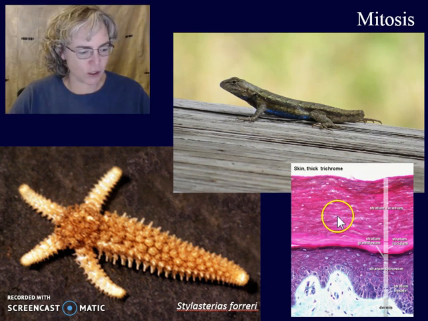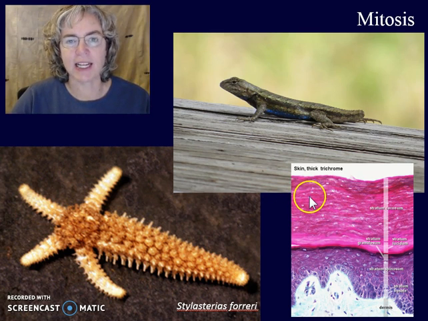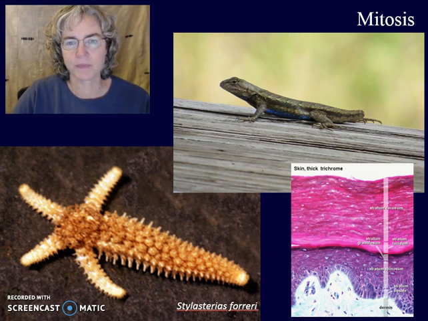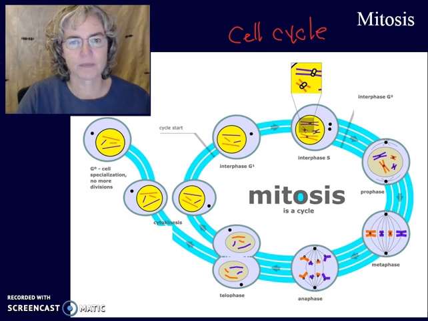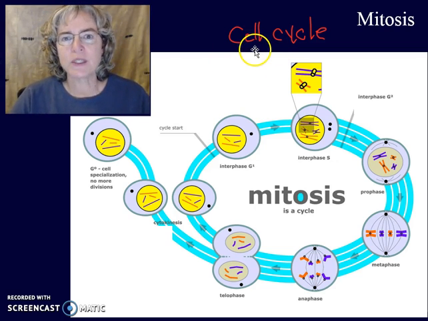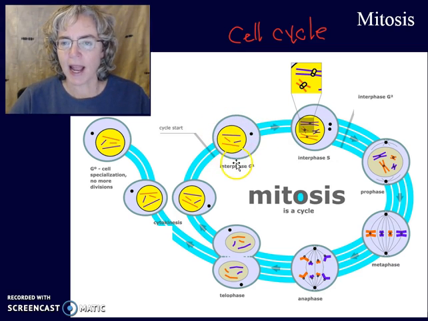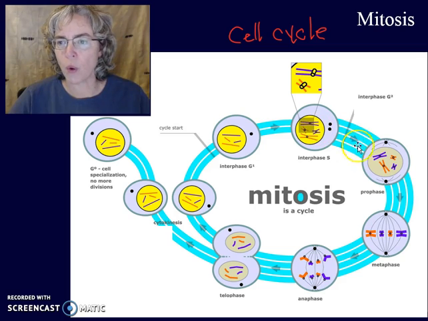Okay, so let's look at this process in a little bit more detail. So it's a cycle, a cell cycle. So here is our cell right here, and it goes through a whole cycle.